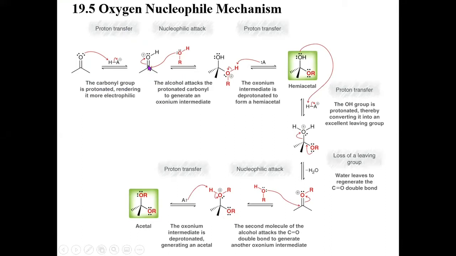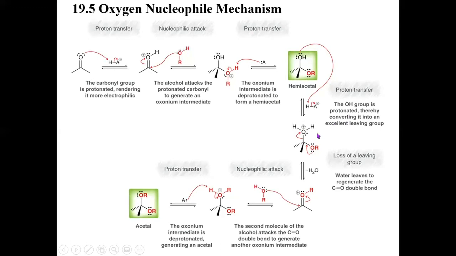The oxonium intermediate is attacked by the alcohol, and then we have this intermediate, with an O bearing H and a positive charge. Then we can do the deprotonation and produce this so-called hemiacetal.